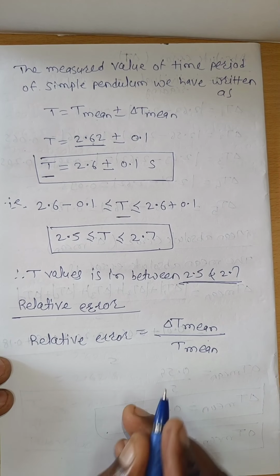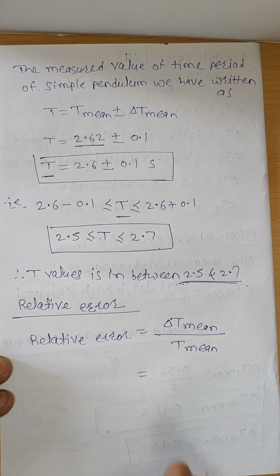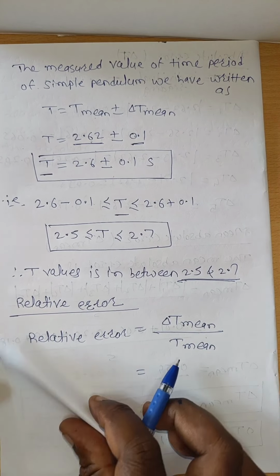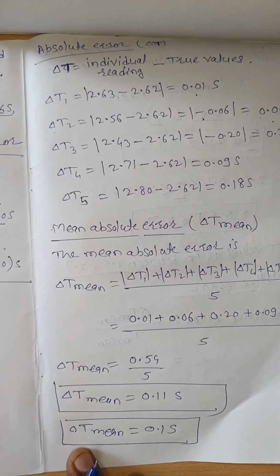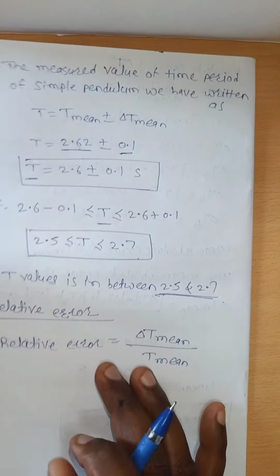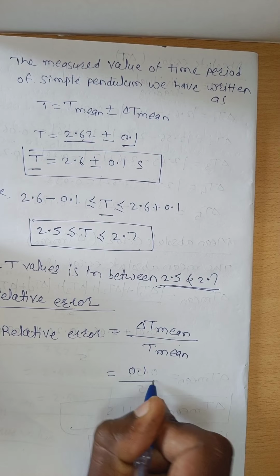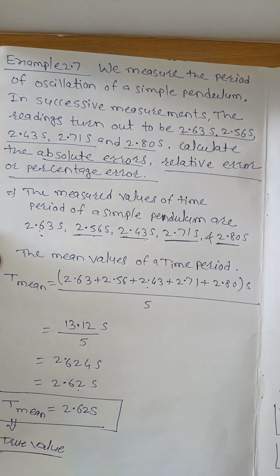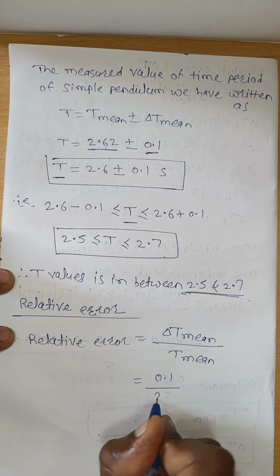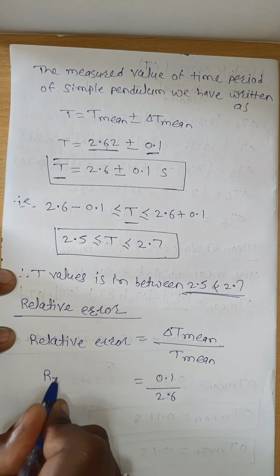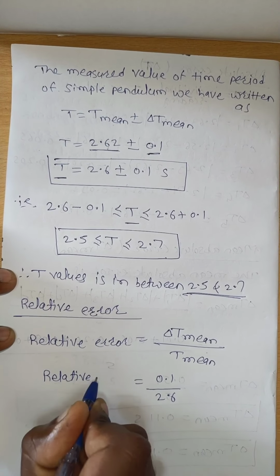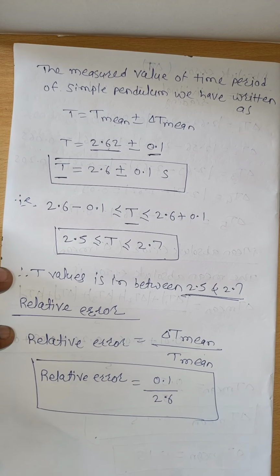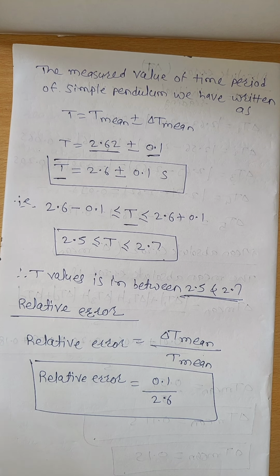What is the delta T mean value? Delta T mean is 0.1 seconds, divided by T mean. T mean value is 2.62, but we take it as 2.6. So the relative error is 0.1 divided by 2.6.